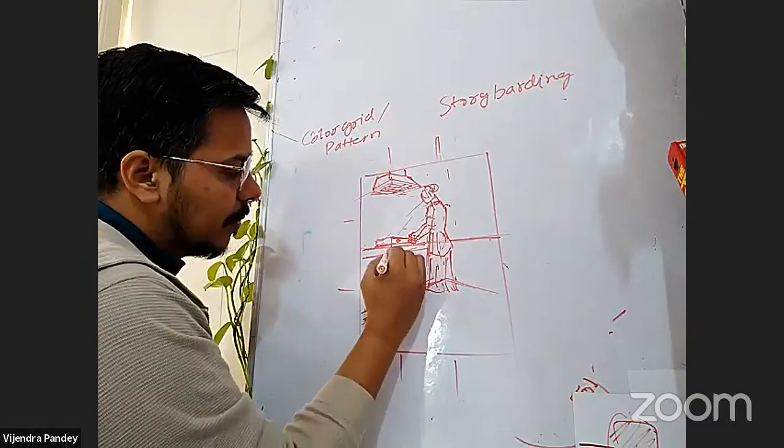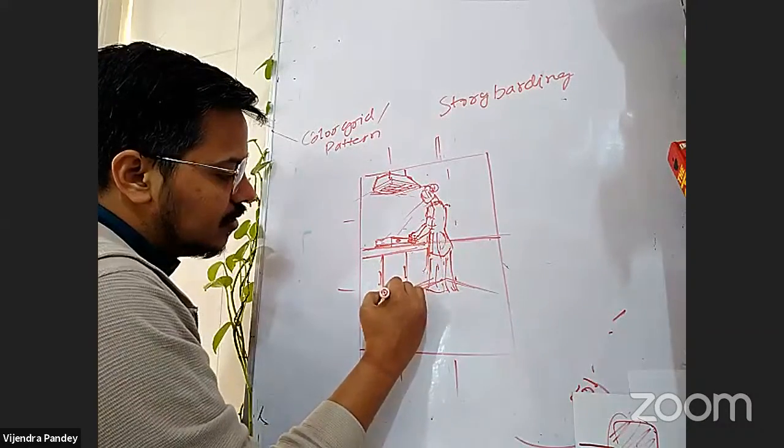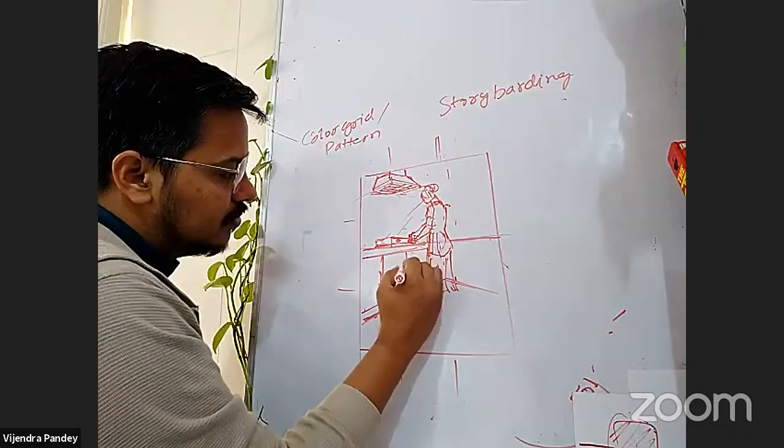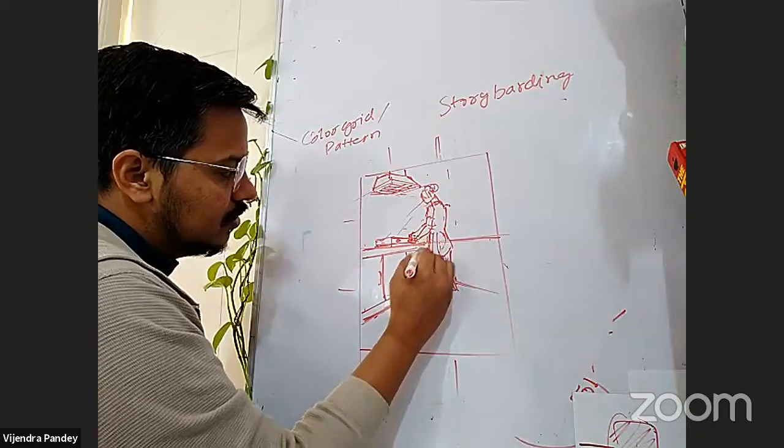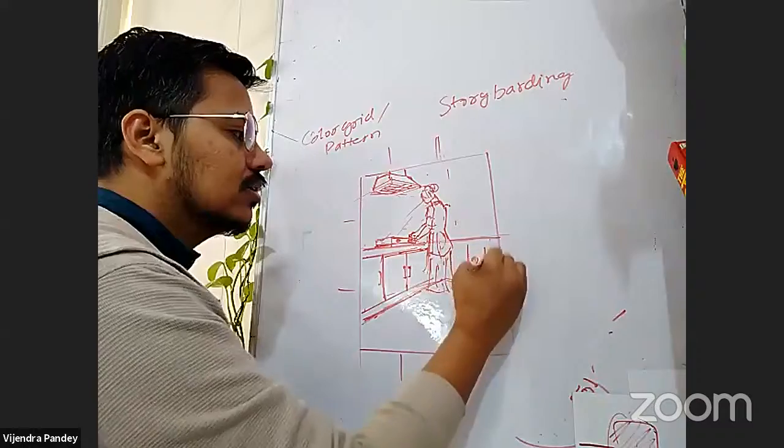Very nice. Just below the kitchen slab, you have the cupboards, no? For storage. Going on like that, okay?